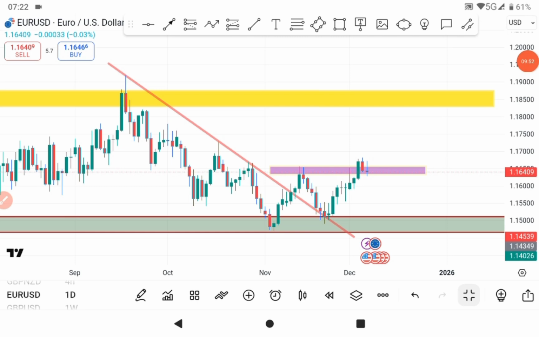Now, if you're risking 20% of your account, before this market gets to this yellow bar right here, you'll be in a good profit.